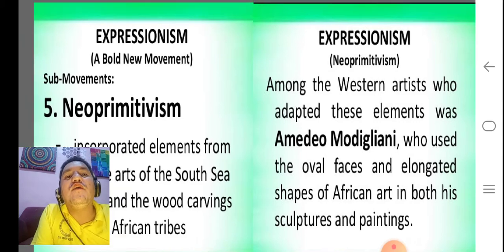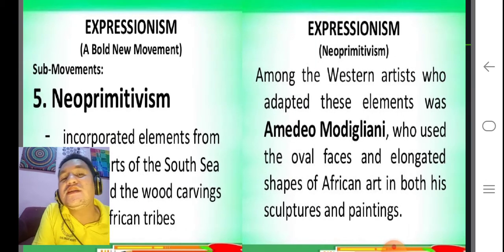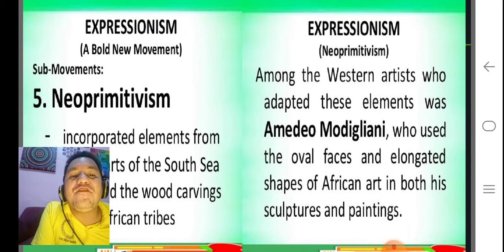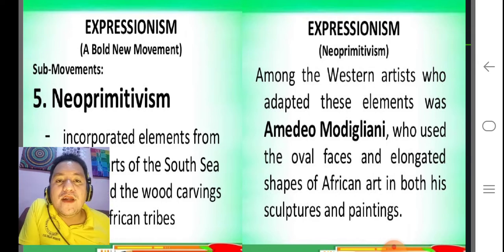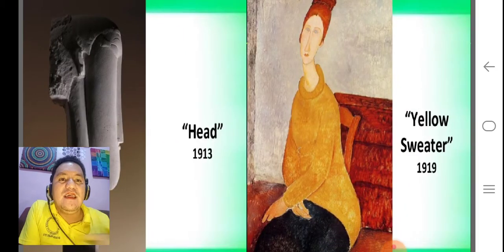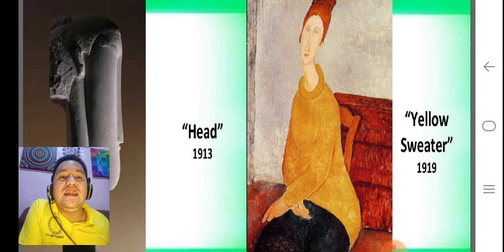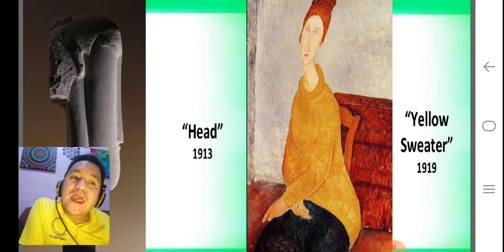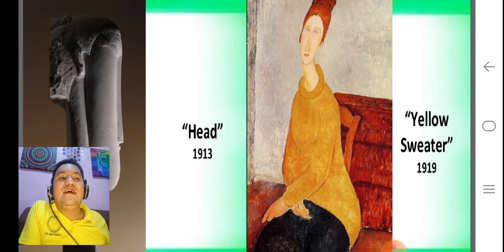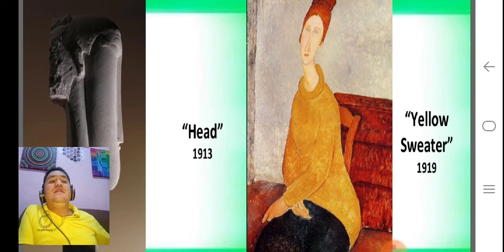Okay? Neo from the South Sea Islanders of the wood carvings of the African tribes. Okay, sa Africa naman daw nagsimula yung art movement na Neo-Primitivism. Let's have the next one. Ito yung nabanggit kanina. The head, yung ginamit na head, aside from sculpture, it is used also for painting or vice versa. Okay? Next, we have here the yellow sweater.